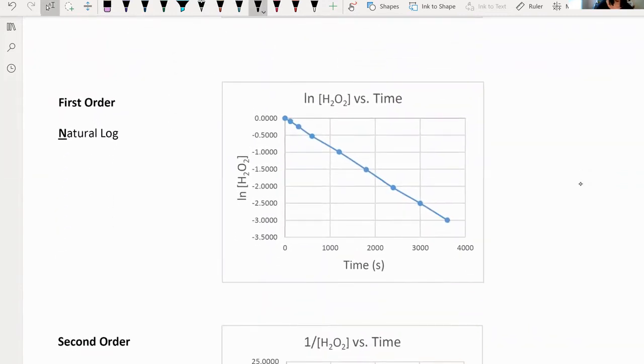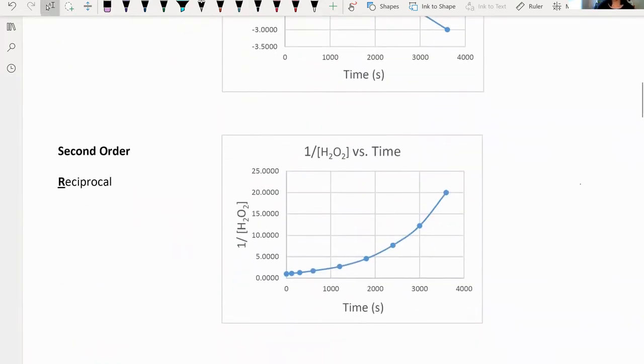We're putting natural log on the y-axis. That looks pretty straight to me, right? Looking good. I like this one. It's looking good, but let's just check the other one. The last graph here, definitely not a straight line. So second order is out.